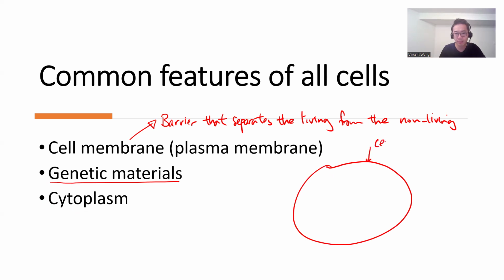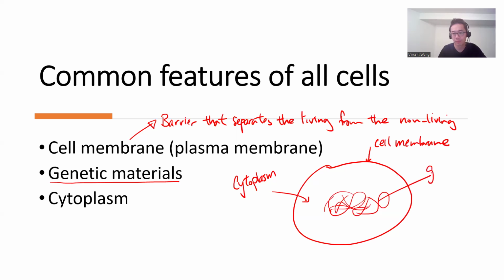That would be the cell membrane. The liquid, the fluid inside, that would be the cytoplasm. And then there will be some genetic material. Okay, so these are the three key things.